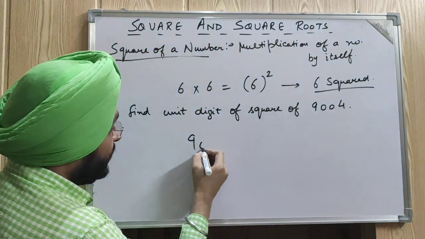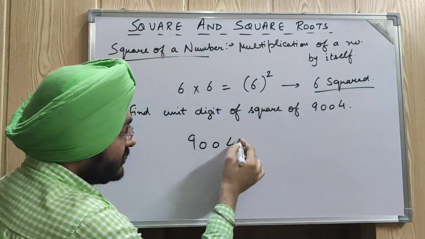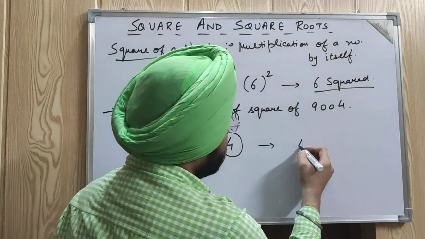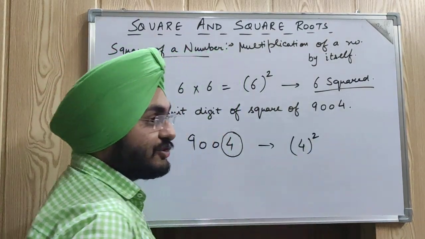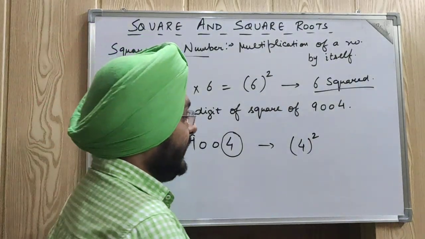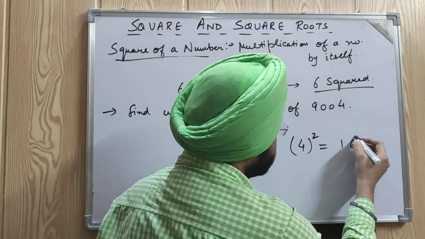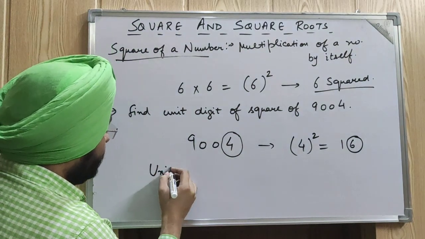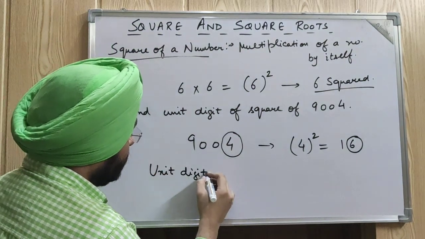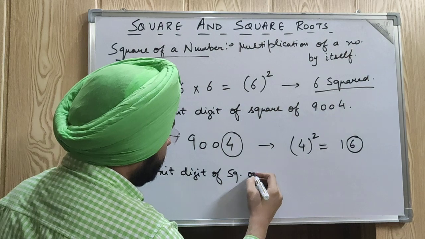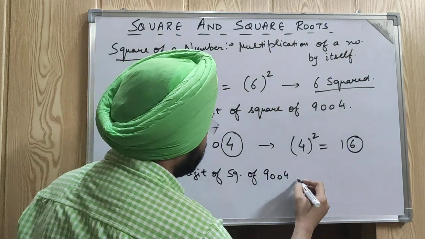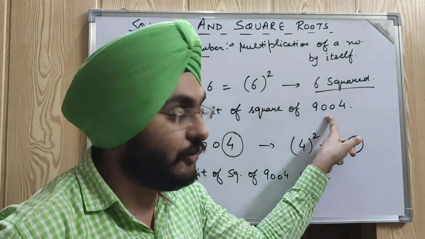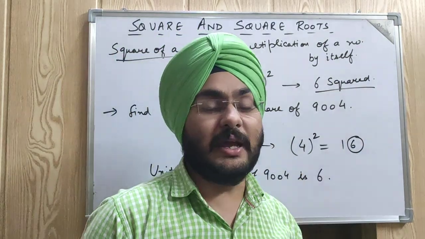Just take the unit digit 4 and square it. 4 squared is 4 into 4, which means 16. Now see the unit digit here, that is 6. It means the unit digit of the square of 9004 is 6.